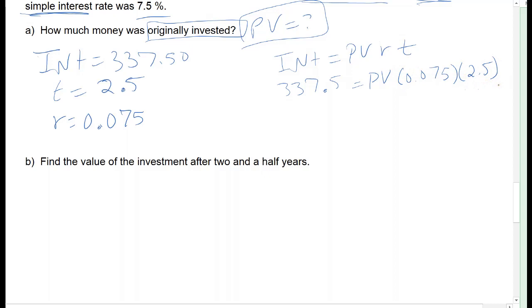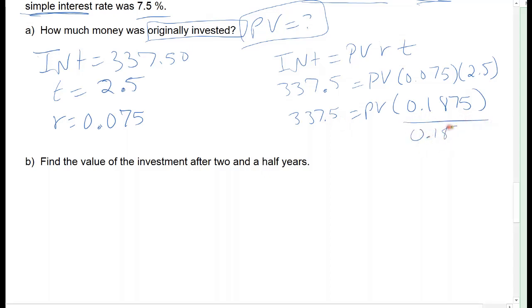Biggest thing about these problems, especially because we're plugging them into a computer program, right? You do not round until the end of the problem. So when we multiply that out, do not round. Leave it exactly 0.1875. Do not round until the end of the problem. Otherwise, you could be significantly off, and so your answer would be off by what they consider a significant amount, and it'll be marked wrong in the computer.